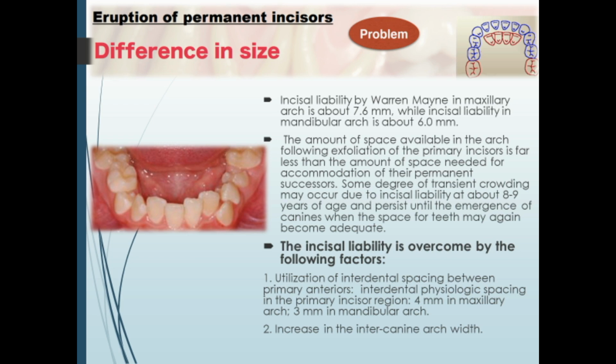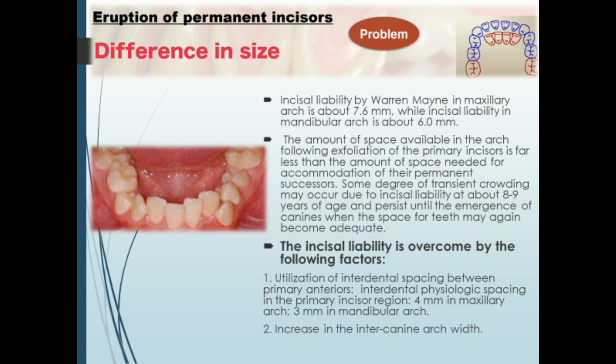It can be readily appreciated that the mesiodistal crown dimensions of permanent incisors are considerably greater than those of the primary incisors. This difference in the mesiodistal crown dimensions between the primary and permanent incisors is termed incisal liability by Warren Moyers. Incisal liability in the maxillary arch is about 7.6 millimeters.